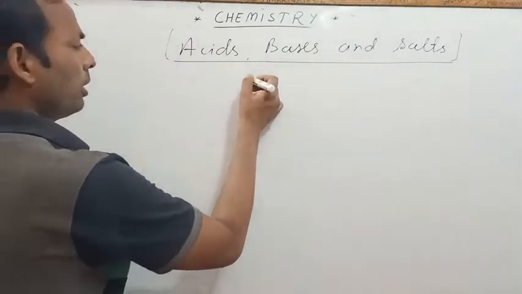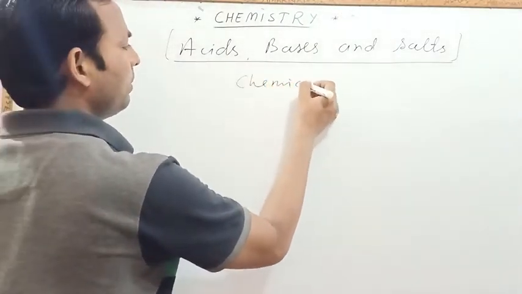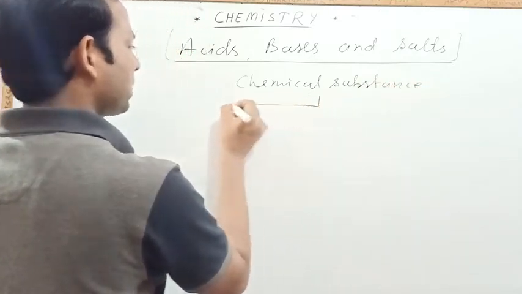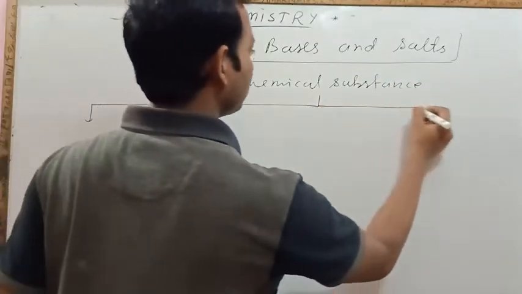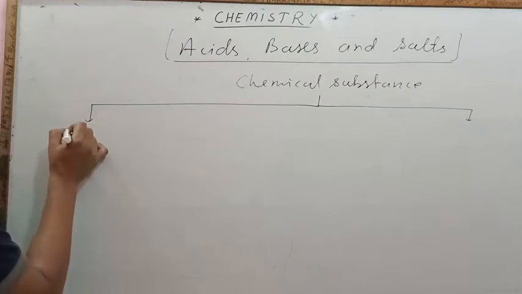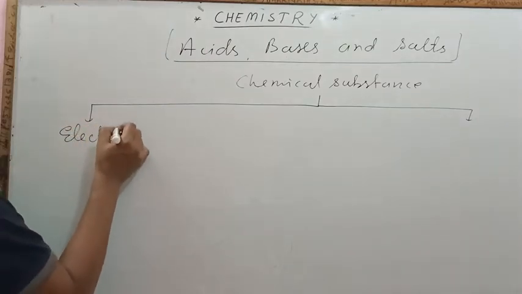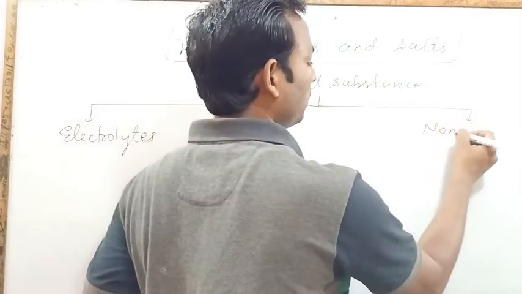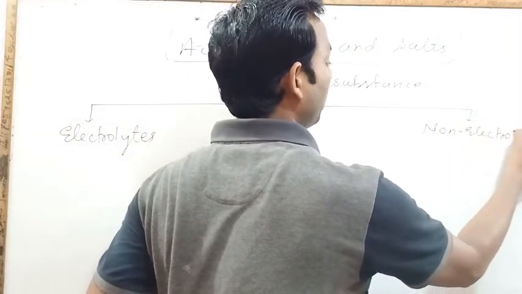So according to chemistry, chemical substances can be classified into two major groups: the first one is electrolytes and the second one is non-electrolytes.